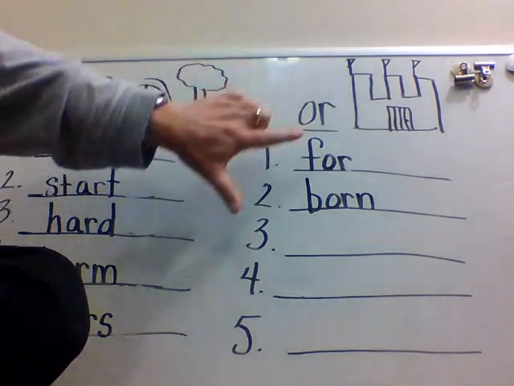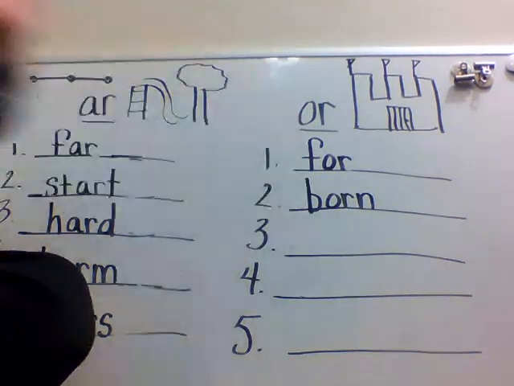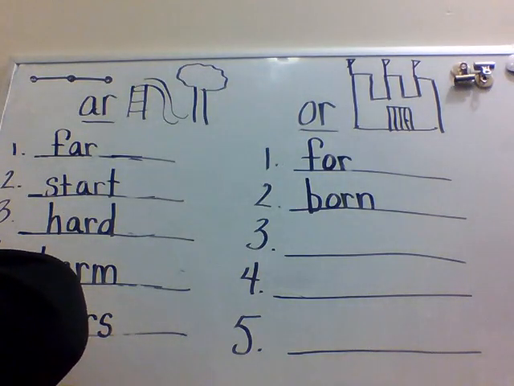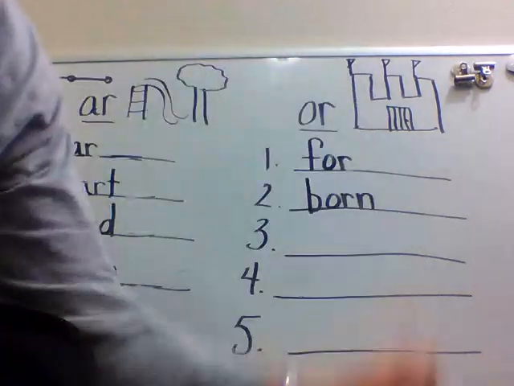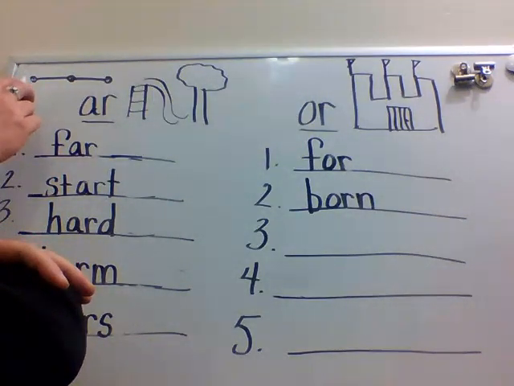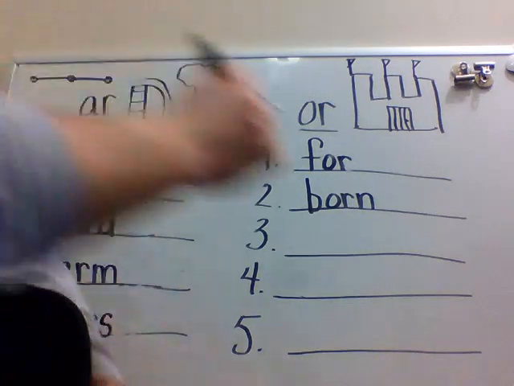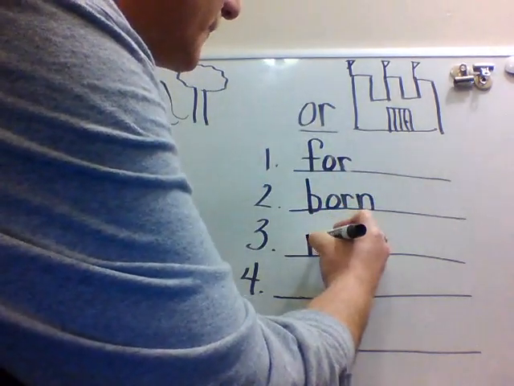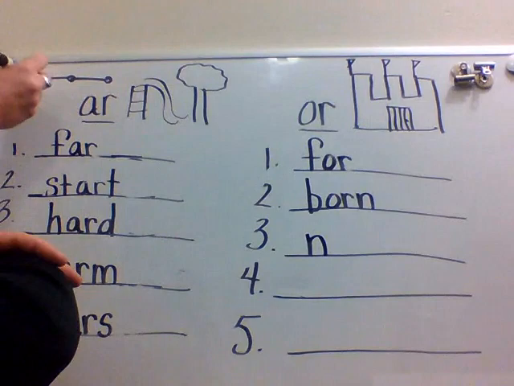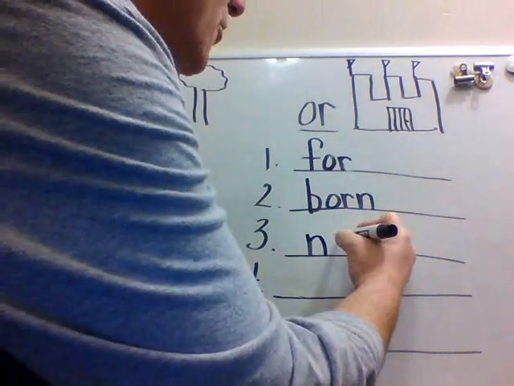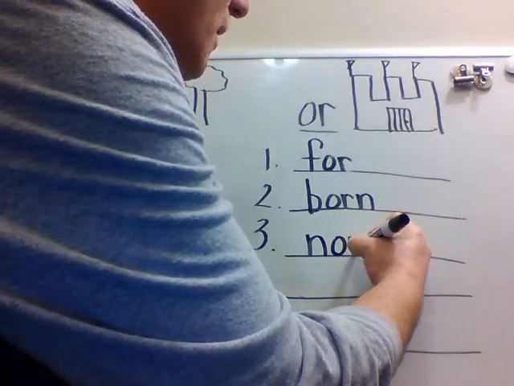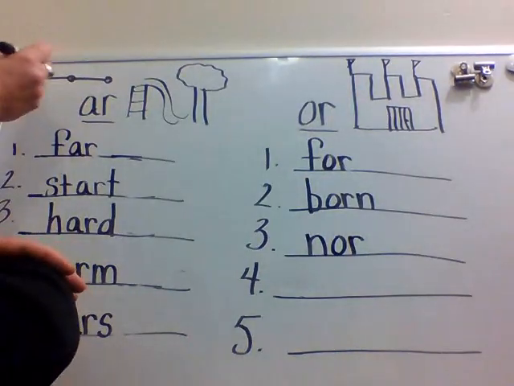Let's read both of these words. For, born. Here's our next one. It's north. Pound it. North. Pointer up. Say it slowly. Sound out as you need to. North. What did we hear first? It's an N. What did we hear next? Or. Well, we hear or, and we know that's going to be OR together. And what do we hear at the end?